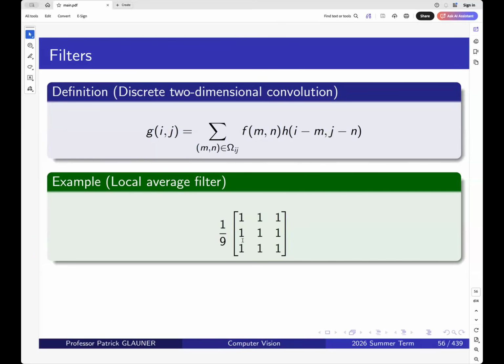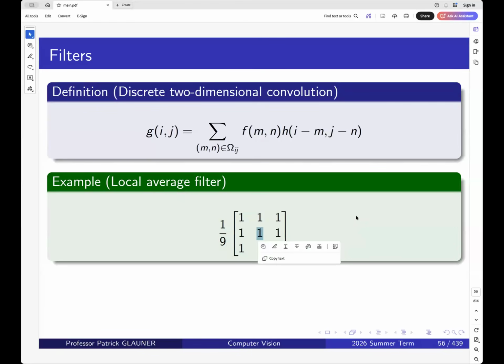This can be represented in our notation quite easily, because this is our center pixel, and these are the 8 pixels around the center. And this notation would mean sum up these 8 pixel values and divide the result by 9. I can do weighting if I want.